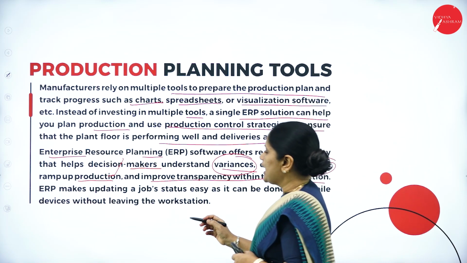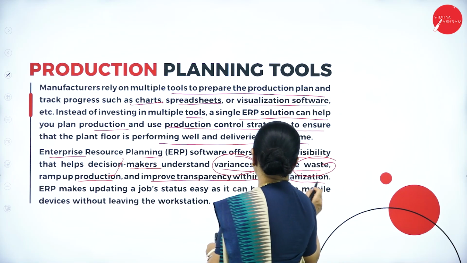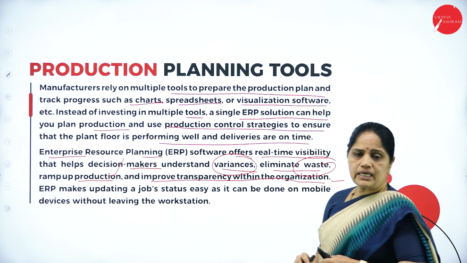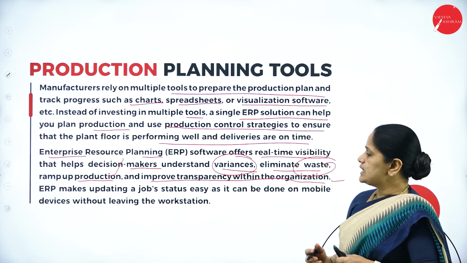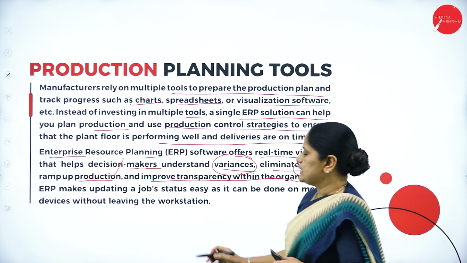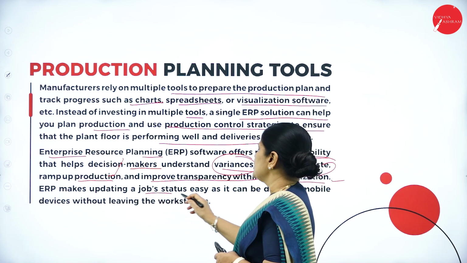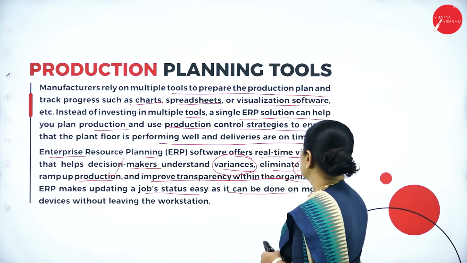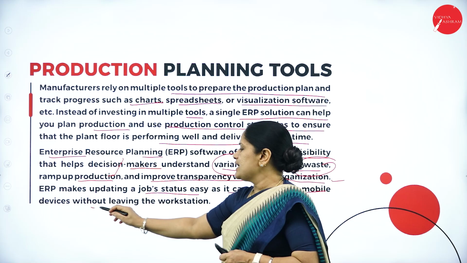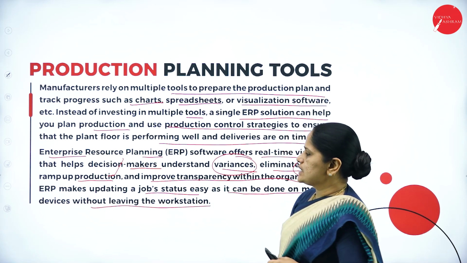So it will expedite the production and improve transparency within the organization. With the help of this ERP, we will be able to achieve all this. It means updating a job status is easy, as it can be done on mobile devices without leaving the workstation.